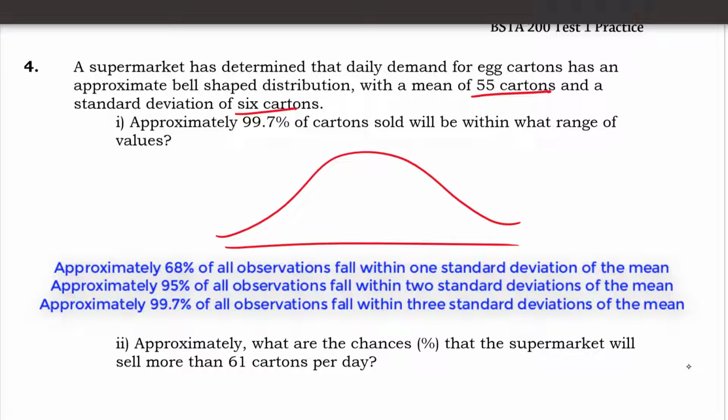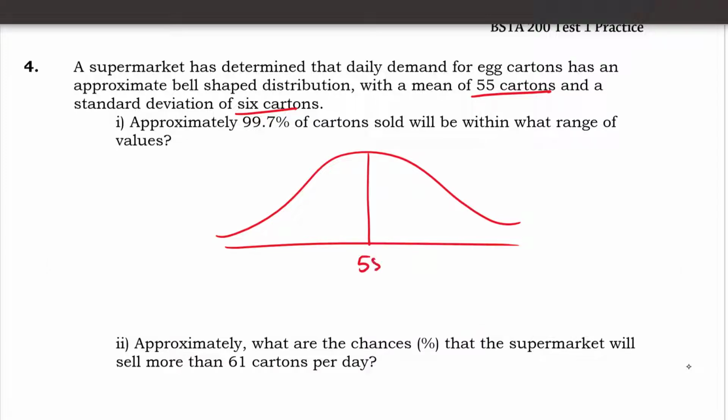So if we look at this here, we have the mean at the center of the distribution, which is at 55. 1 standard deviation above the mean will be 55 plus 6, which gives us 61. 2 standard deviations above the mean is going to be 67, and 3 standard deviations above the mean will be 73.